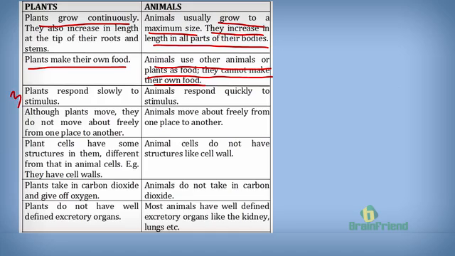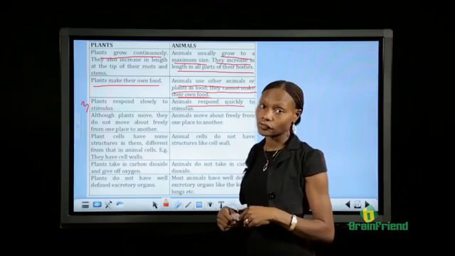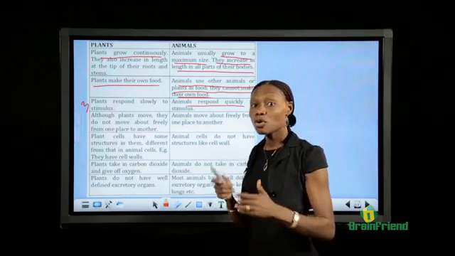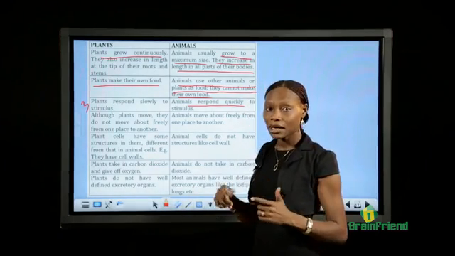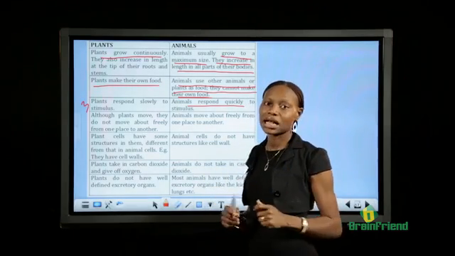Thirdly, plants respond to stimuli very slowly. But animals, on the other hand, respond very quickly. Even if a plant knew you were coming to cut it off, it does not readily run away, unlike a goat that knows that you are coming to get it. It runs as quick as it can.